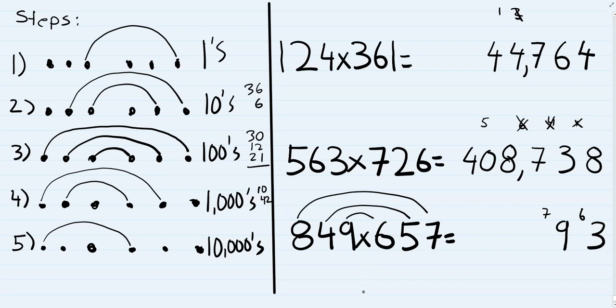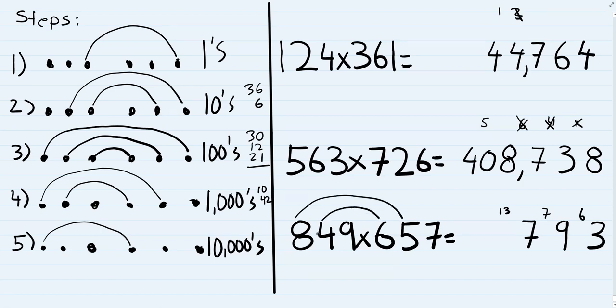So 76 plus 54 is 130, and then I have 130 plus 7 is 137. So I'm going to write down 7 and carry the 13, okay? Right, because I have 137, so I have to carry the 2 digits.